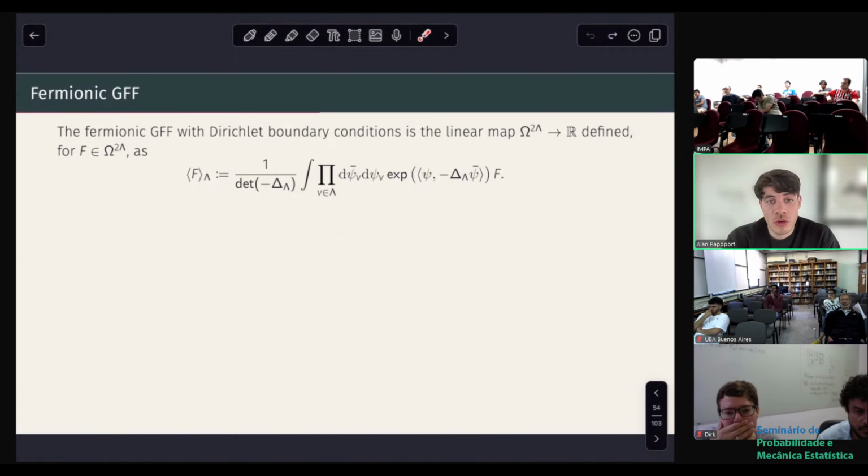Yes. So in particular, we can define the so-called fermionic version of the GFF. So before we had the bosonic one. Nobody calls it bosonic unless you have to distinguish it from the fermionic one, which is none other than pretty much the same thing. Just take the exponential, but now with the corresponding fermionic variables.